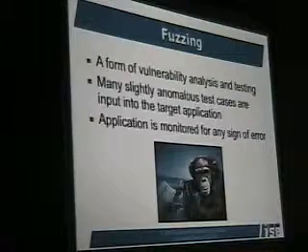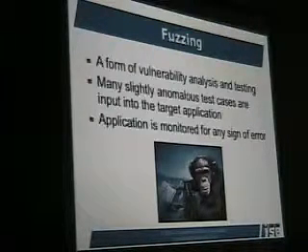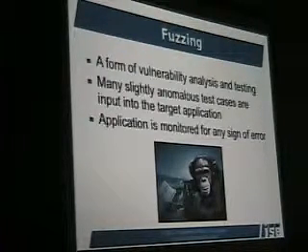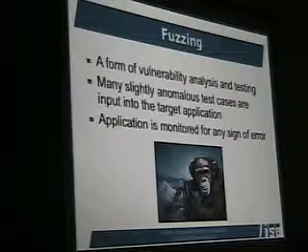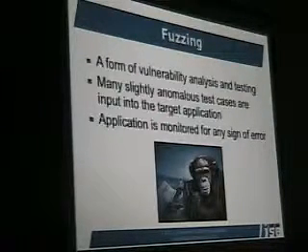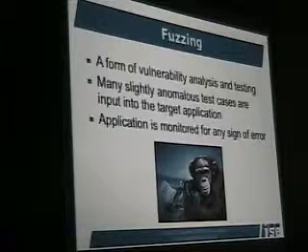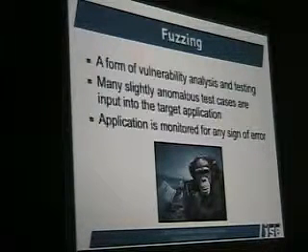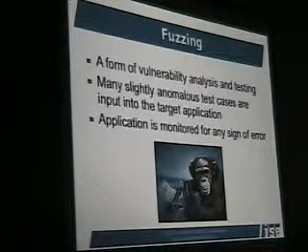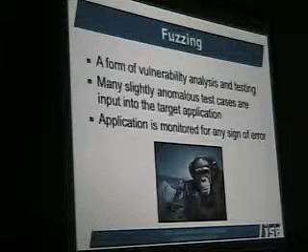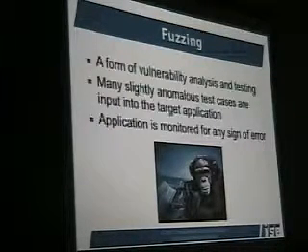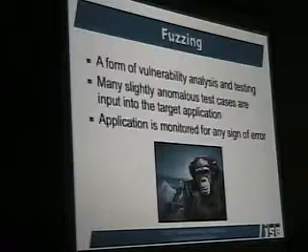You send those into a program, lots and lots of them, and you make little changes to them, and you watch the program to see if something bad happens. That's basically all fuzzing is. It's just, how do you make the inputs, and how do you monitor the program, and how do you do it better? But the 3-bullet slide is: you send a lot of inputs into a program, you make malicious changes to them, and you monitor the program.